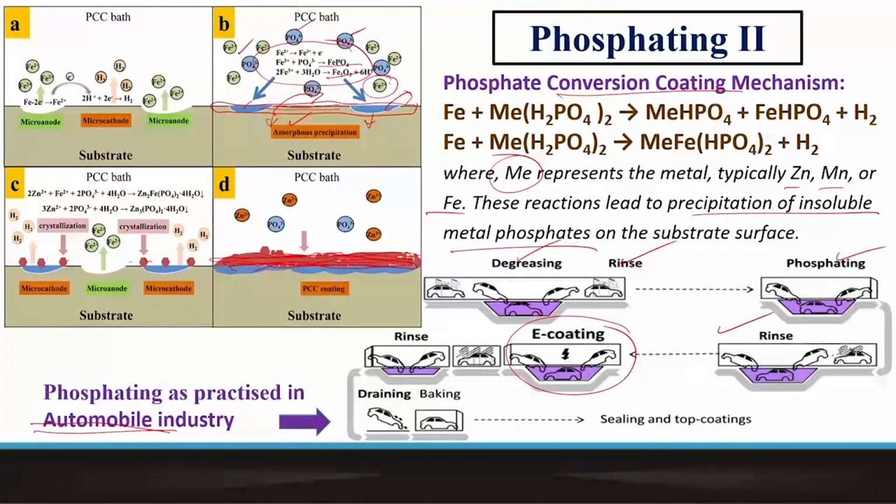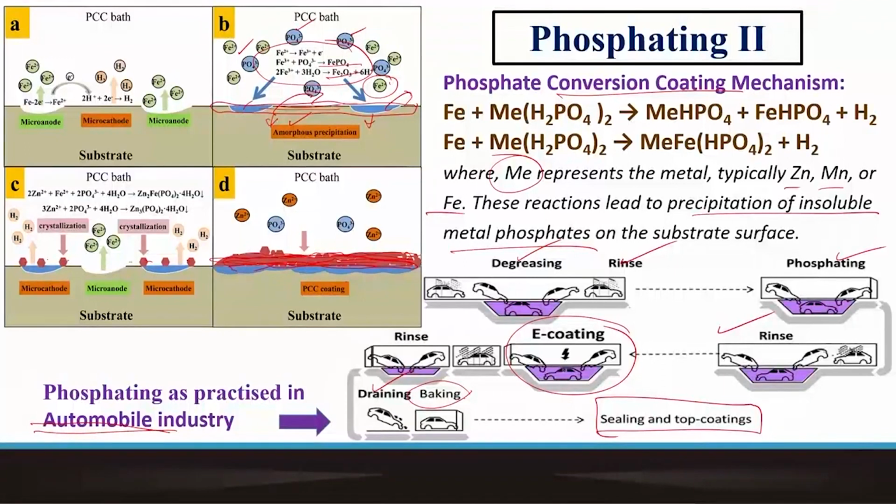Then we drain the excess paint, and then we bake so that the paint polymerizes and becomes adherent to the surface. Then we also apply certain epoxy or some other polymeric coating to seal the porosities or gaps on the surface and make the surface appear absolutely smooth, flat, and glossy.